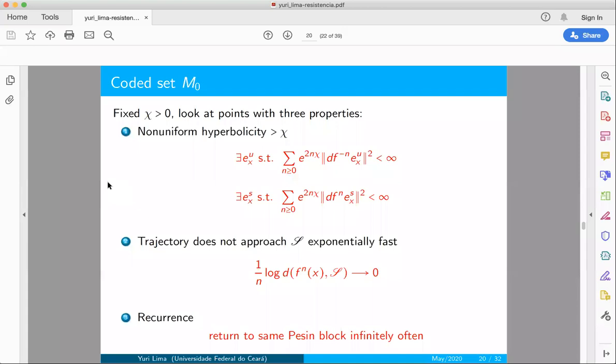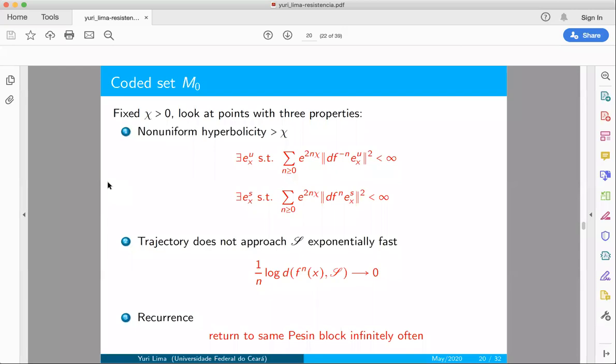So again, the requirement of recurrence is actually the existence of two passing blocks for which the future trajectory visits one of them infinitely often in the future, and the past visits the other one infinitely often in the past.